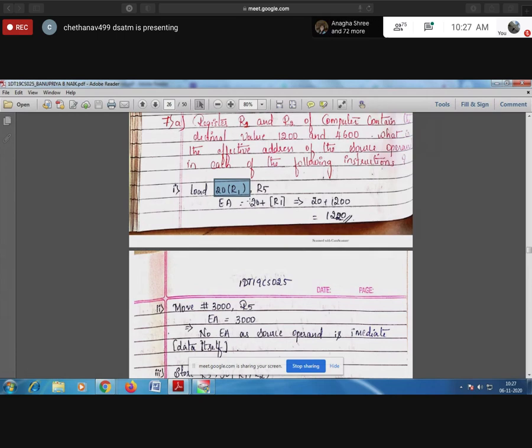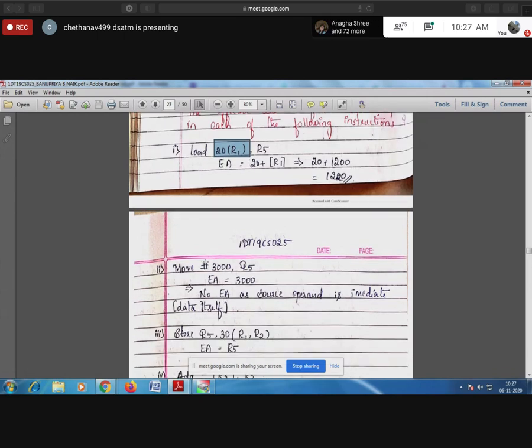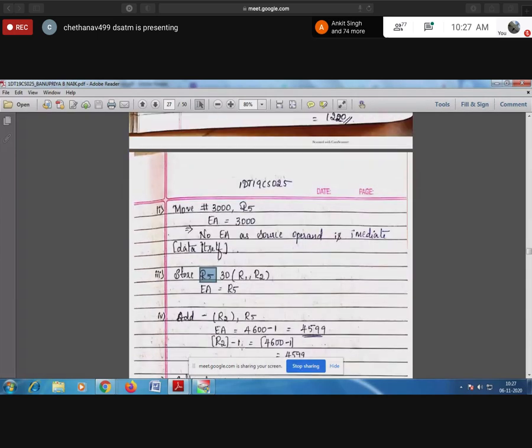Here, for the second one, no effective address is required because the data itself is available here. Third one is R5. Go to R5, you will get the data directly. So the effective address is directly R5. Then here it is again indirect mode. If you go to R2, you never get the data.